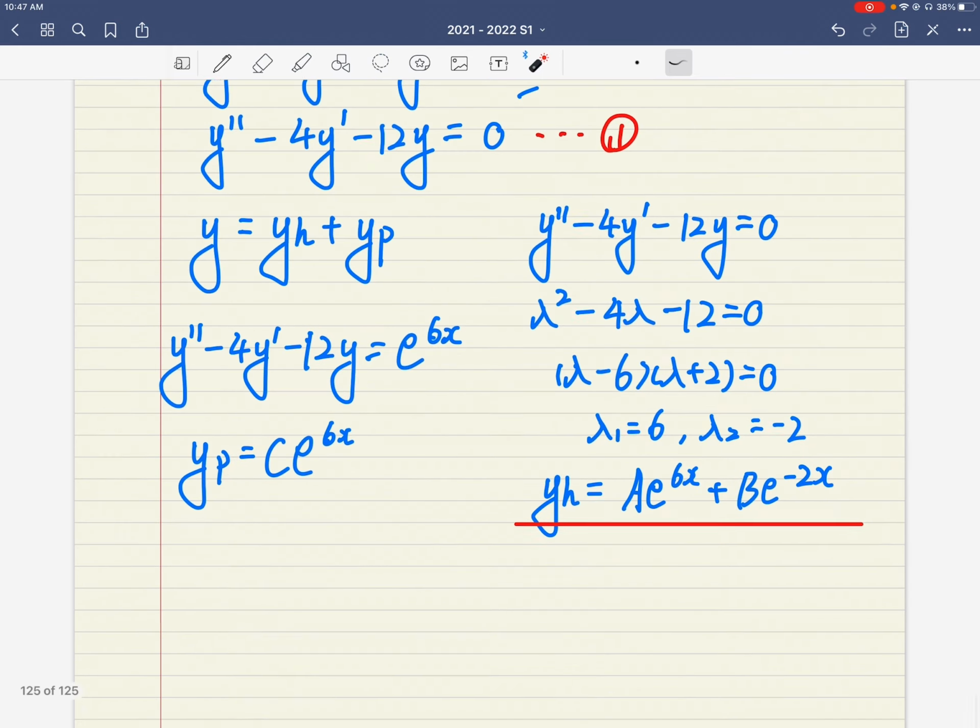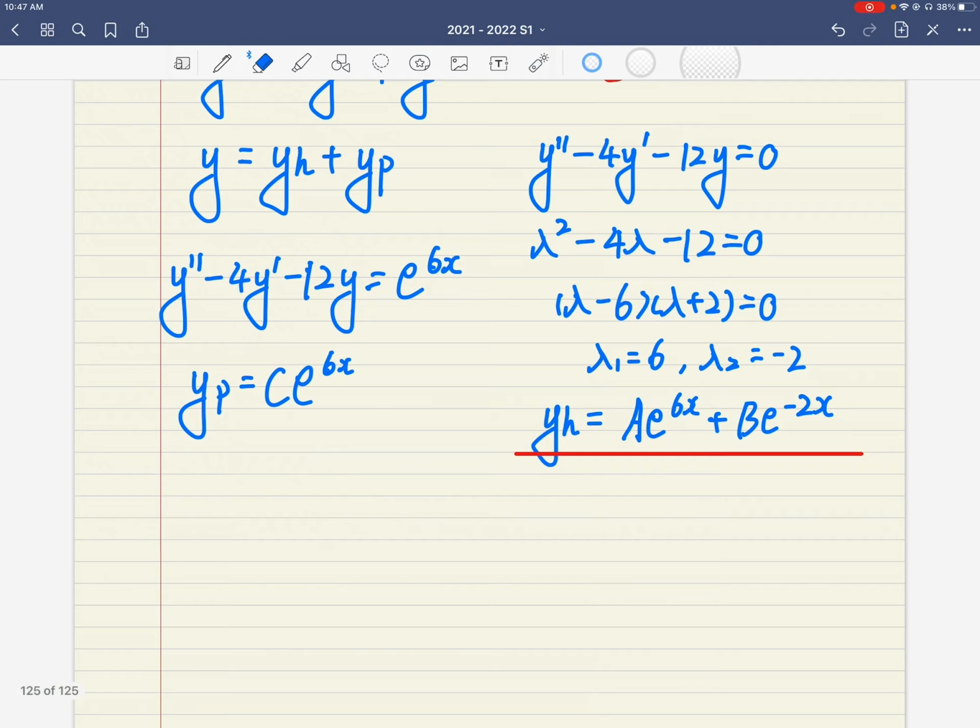So that's why we have to do something like this: times x. You just need to multiply the whole thing by x, and this will be the particular solution for the non-homogeneous equation.